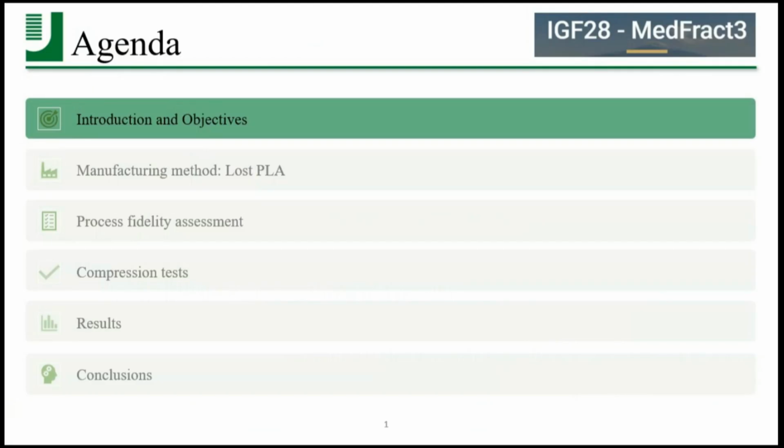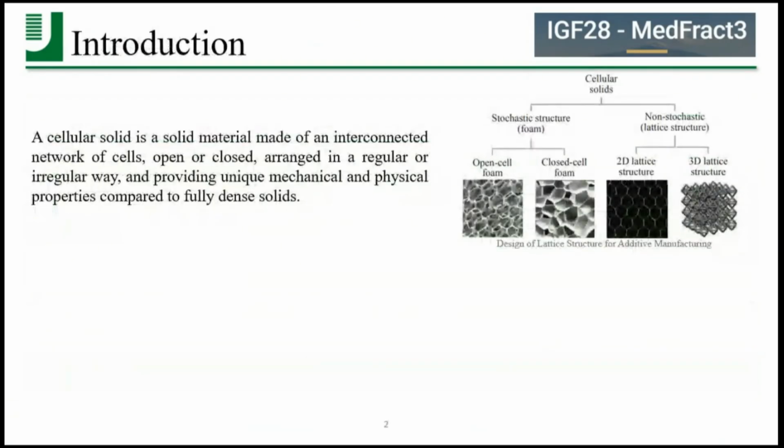Today, I will begin with a brief introduction explaining why this topic was chosen, what cellular structures are, and where they are used. Cellular solids, characterized by a network of open or closed cells, like foams or lattices, are used to reduce the weight without compromising the mechanical and structural performance.